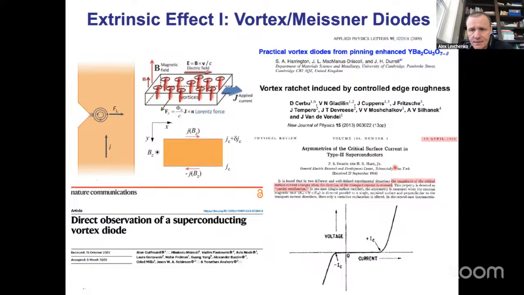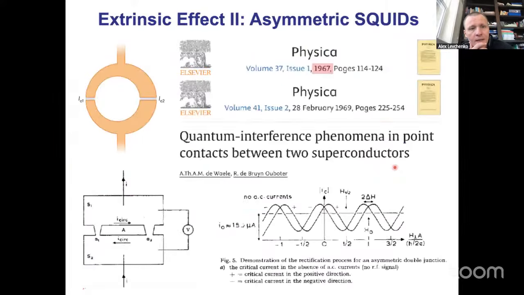There is another possibility which can occur in SQUIDs, in interferometers. Actually, the simplest way to generate a diode would be to have a SQUID with two non-equivalent Josephson junctions that are characterized by two different critical currents. Then if you pierce it with flux, into the plane or out of the plane, you will see a shift in the critical currents. These shifts are shown by this histogram here, which plots the critical current amplitude versus magnetic field perpendicular to the junction area.